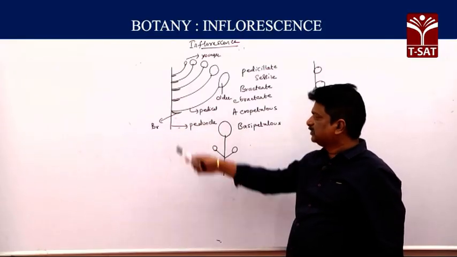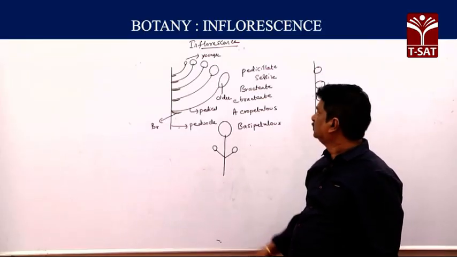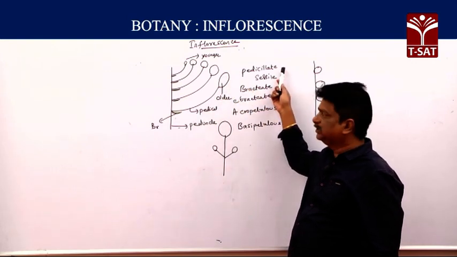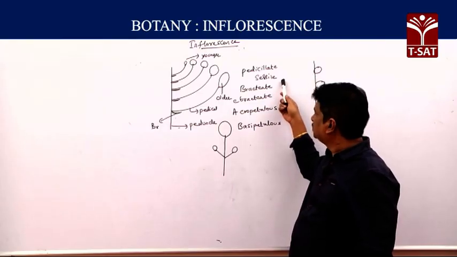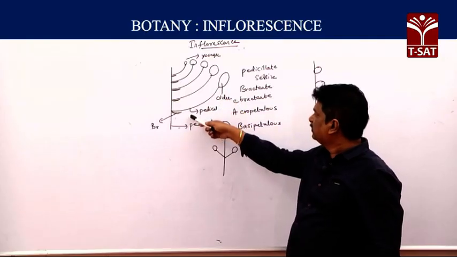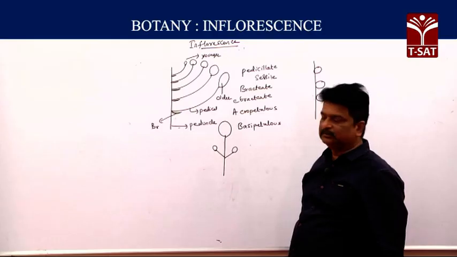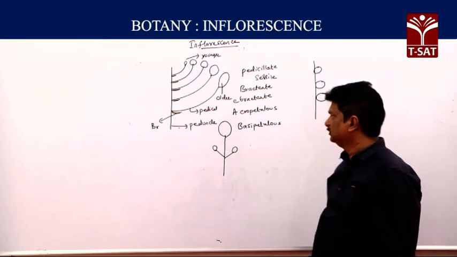A flower arises from the axil of a bract. A flower with a pedicel is called pedicellate. A flower without a pedicel, where the stalk is absent, is called sessile. If a flower has a bract, it is called bracteate. If without bracts, it is called ebracteate.